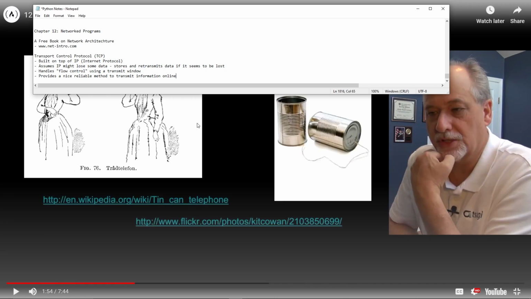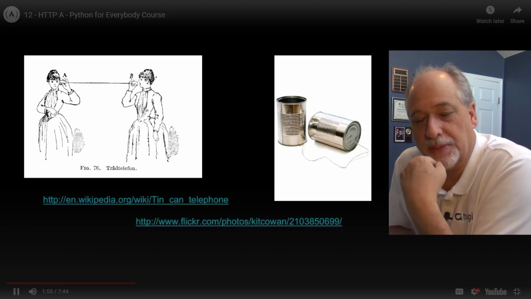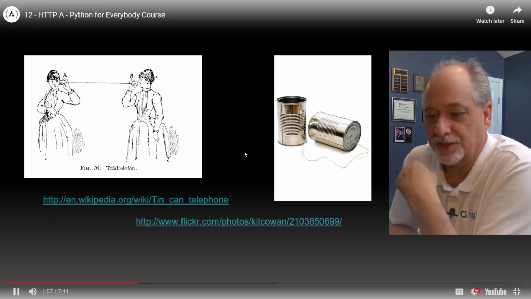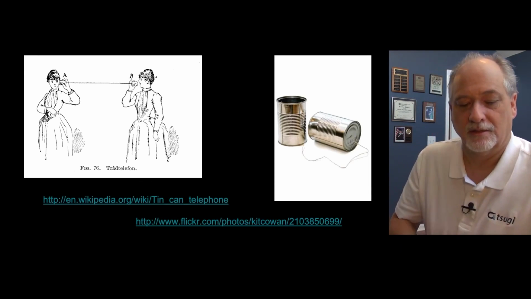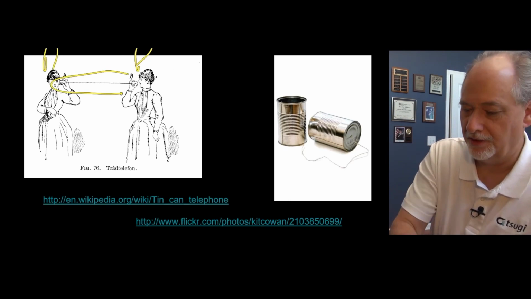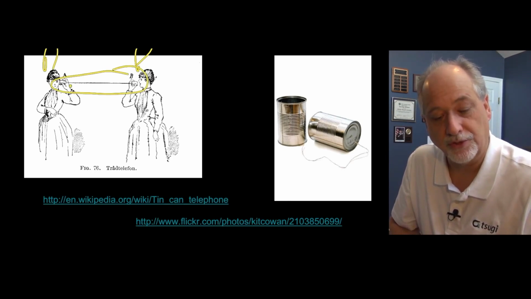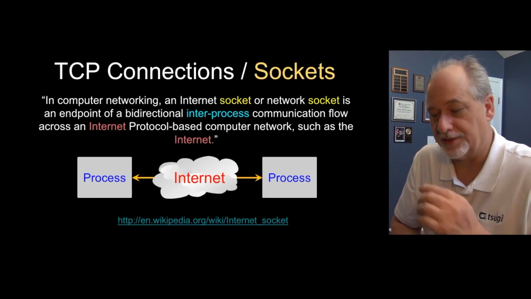And what is going on here also? Just going to start with a pipe, some kind of a connection. We have two processes, and we have some kind of a connection between them. And it is a connection that we can both use to talk and to listen.